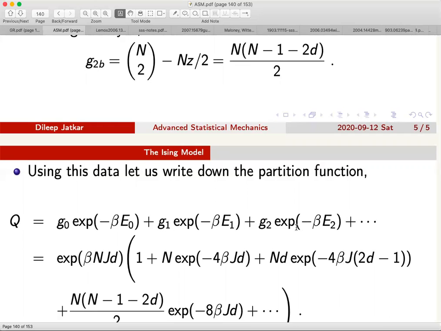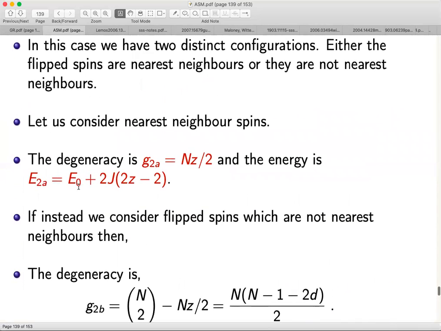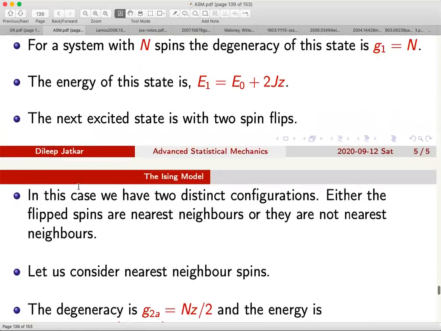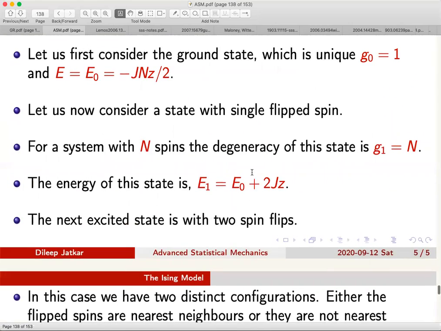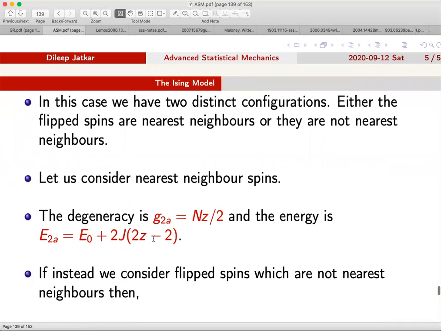That is the usual way of writing the partition function. The ground state piece is this one. The first excited state and second excited state pieces are written here, but E1 and E2 are written in terms of E0. So E1 is written as E0 plus some factor, and E2 is also written as E0 plus some other factor.